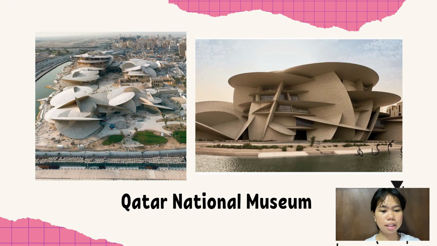So here is another example, which is the Qatar National Museum. The Qatar National Museum was completed in 2019, and it is designed by architect Jean Nouvel. It is inspired by the desert rose crystal, which is some kind of mineral rock that could be found in Qatar.